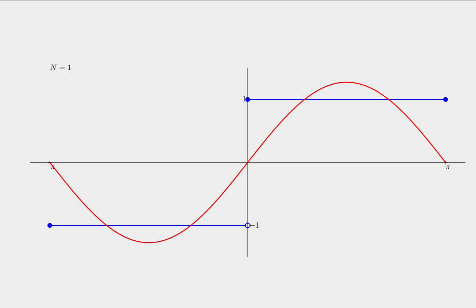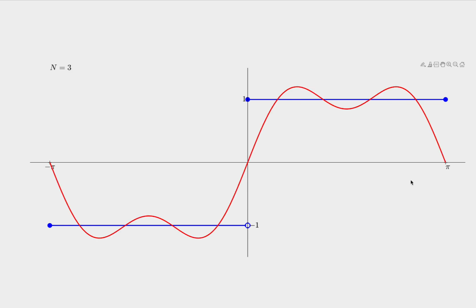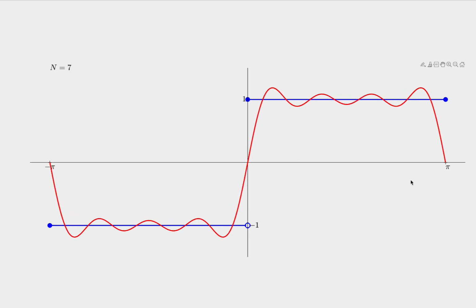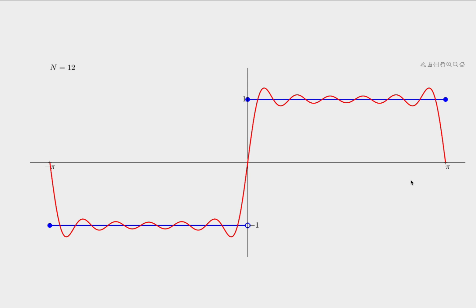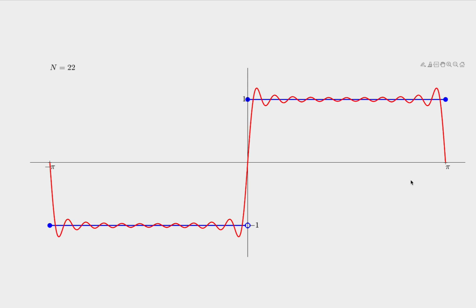So we know that, of course, we're going to get a sine series because of the oddness of this function, and that we will converge pointwise strictly between negative pi and 0 and between 0 and pi. But at 0, negative pi, and pi, our Fourier series will remain 0. Notice that every time n is an even number, the Fourier series doesn't change, if you can catch that. That's because it's only changing at odd terms.